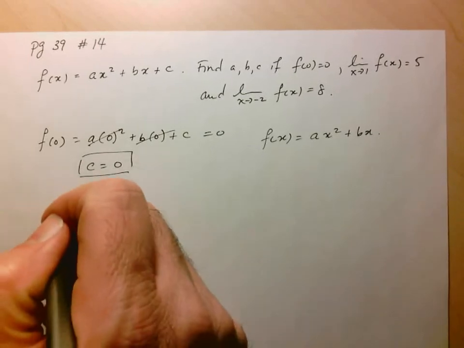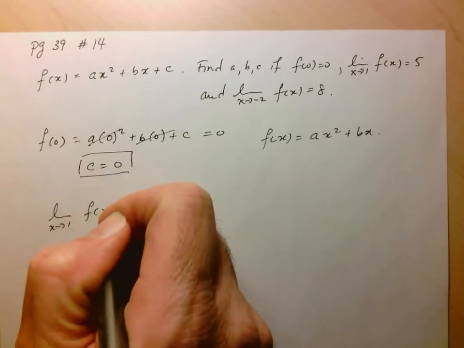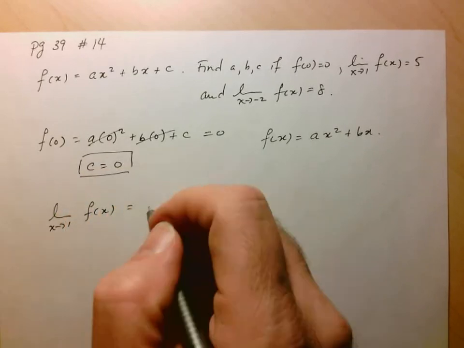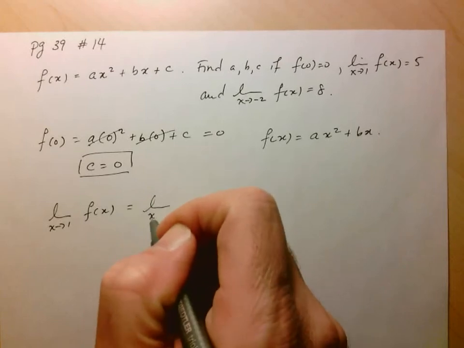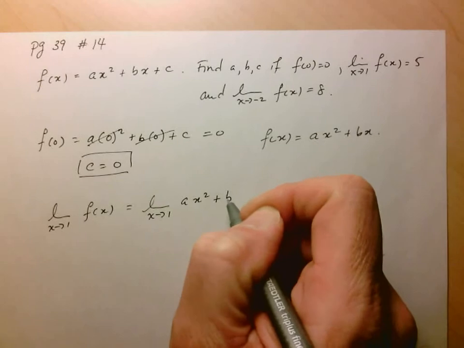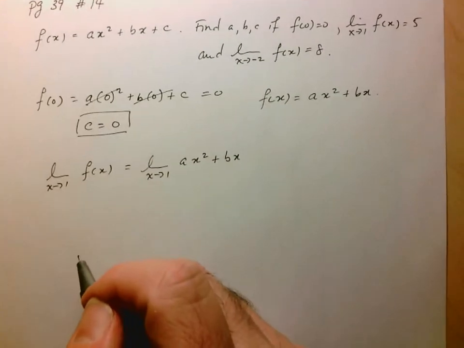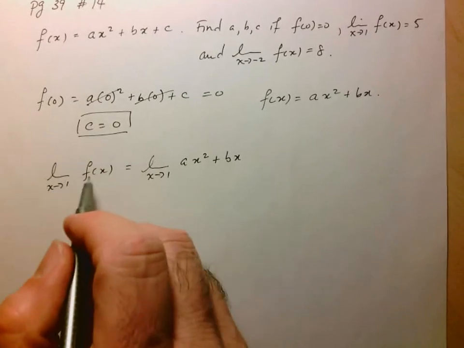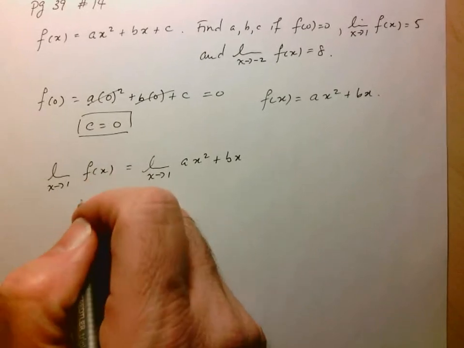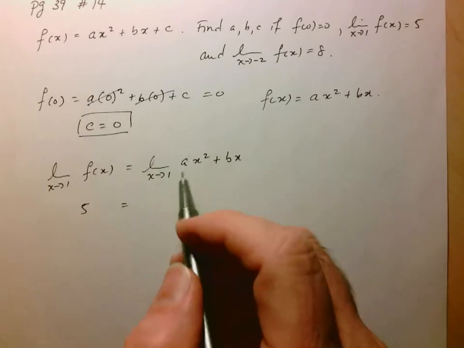So let's take the limit as x approaches 1 of f at x. Essentially, we're finding the limit as x approaches 1 of ax squared plus bx. We've already determined that c is equal to 0. Now they tell us that the limit of f at x as x approaches 1 is equal to 5, so I'll replace that left-hand side by 5. Let's see what happens.